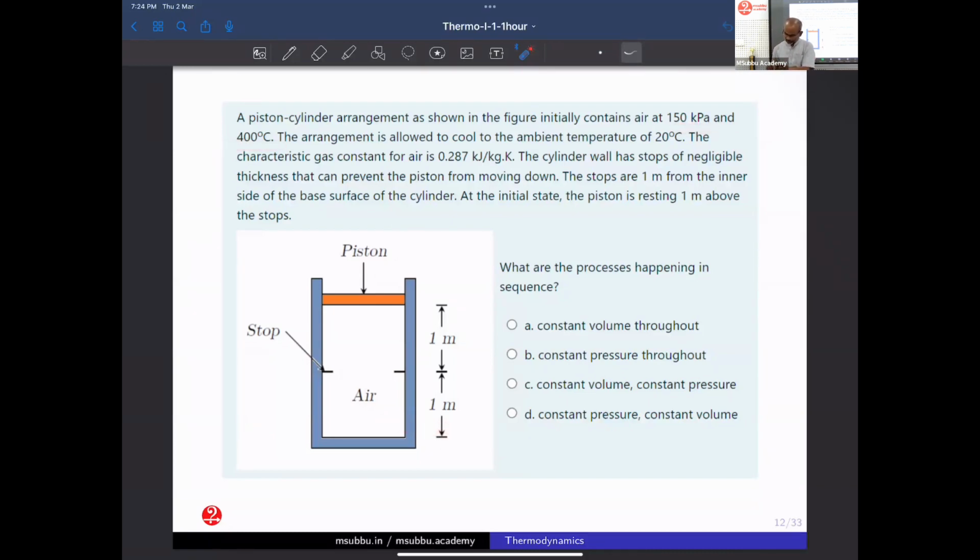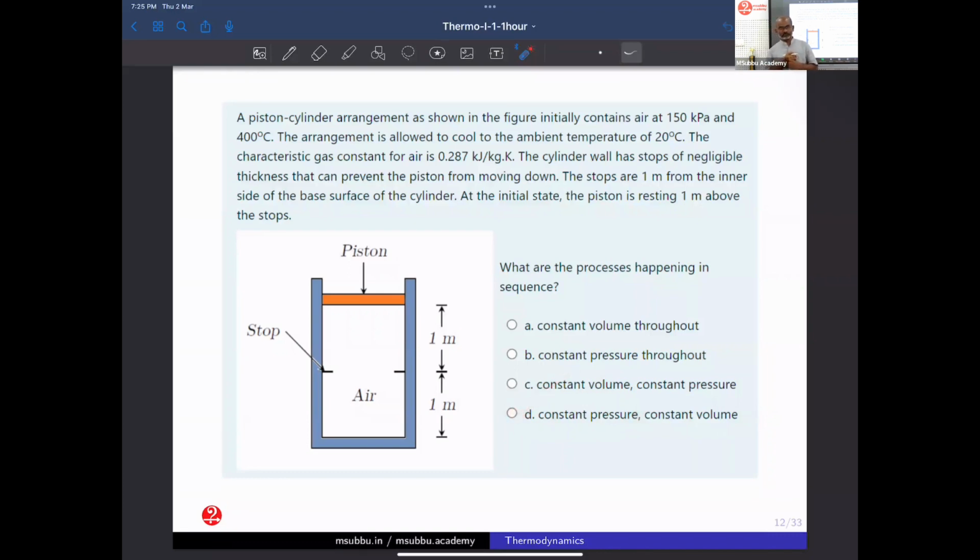Of course, we can estimate that too, but that is a different topic. Once the piston reaches the stopper, the further process happens at constant volume. So the initial process is constant pressure, and the next is constant volume. What is the correct option? D is the correct option.